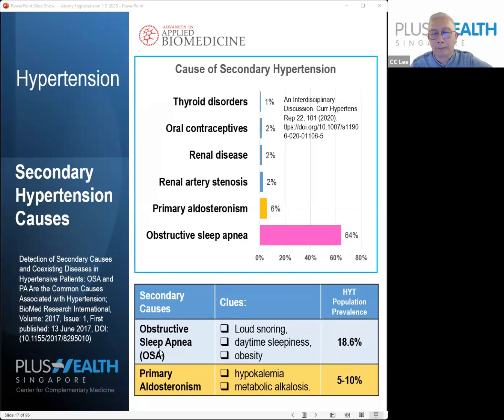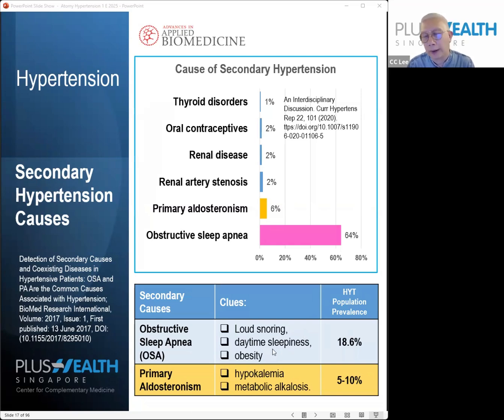You can see from here, right? OSA is basically a form of sleeping disorder. One of the very common and most profound clinical manifestations of OSA is loud snoring when you sleep. When you sleep, you snore, right? And this is one very clear indication that you might be suffering from OSA.